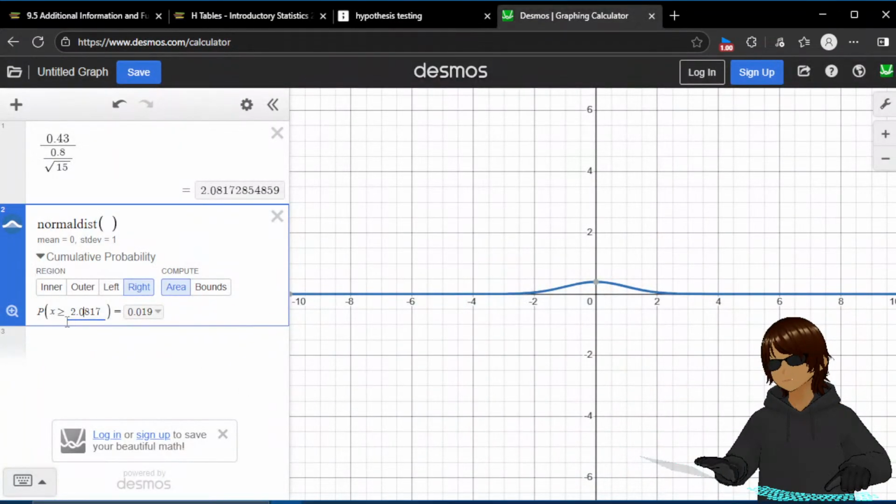I don't think it matters. It's either one tail or the other tail, right? So anyways, 2.0817, 0.019.